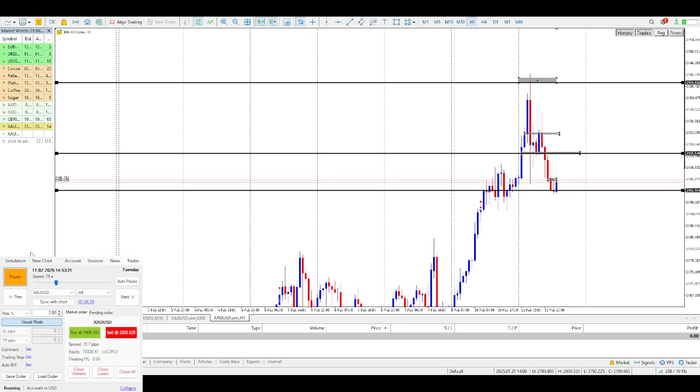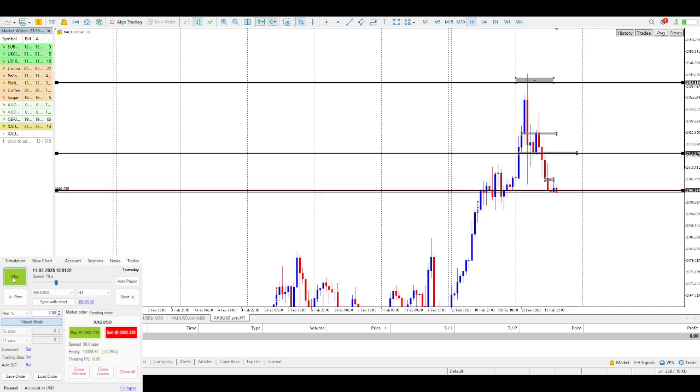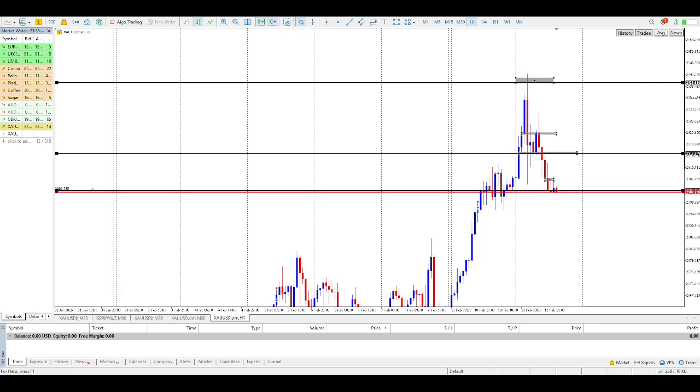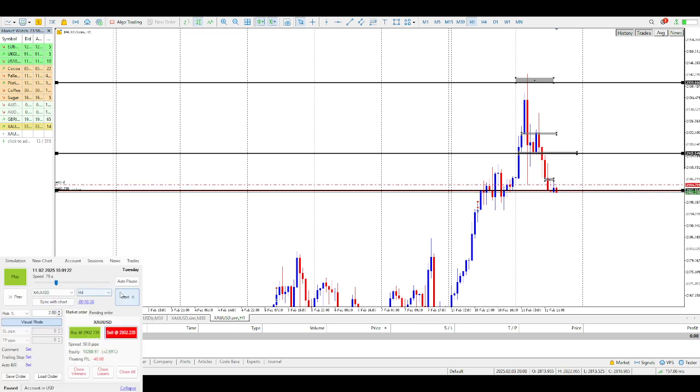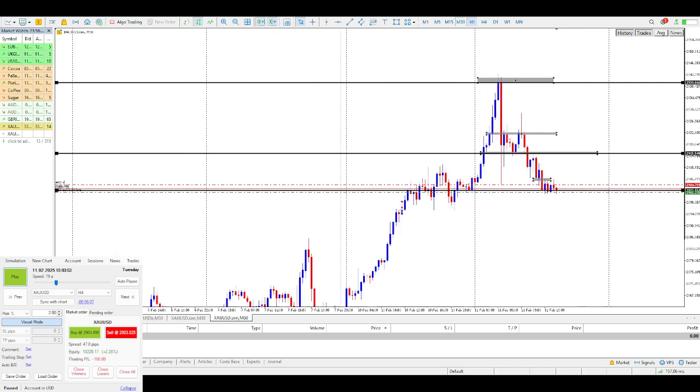The way that 1 hour candlestick closed a weak bearish candlestick. Yes. Trend continuation. Didn't break the low.